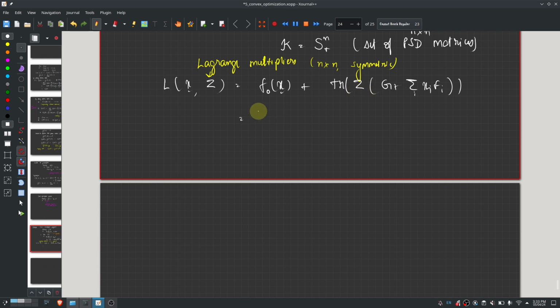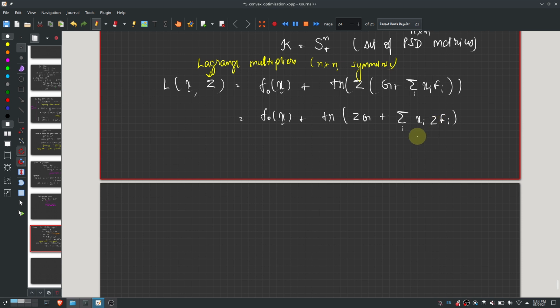Let me write this as f0 of x plus trace of Z times G plus summation over i xi Fi. Sorry, ZFi. Thanks.